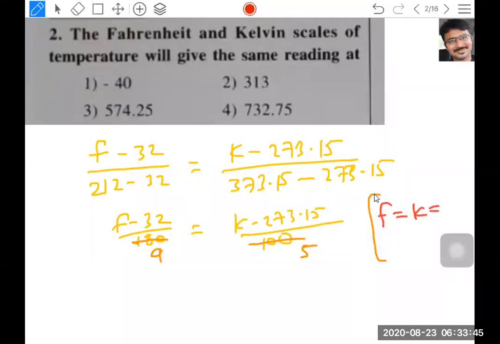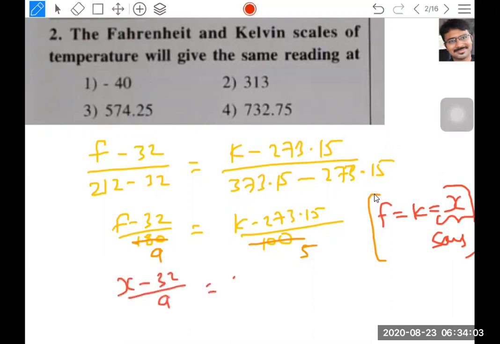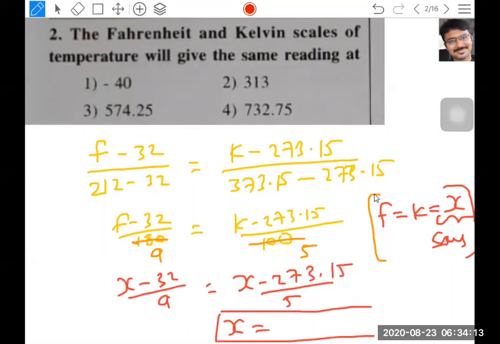Let us assume it as X. Let us assume the Fahrenheit and Kelvin temperature readings are the same, and call it X. So we say X minus 32 by 9 is equal to X minus 273.15 by 5. If you solve this, you will get the X value as 574.